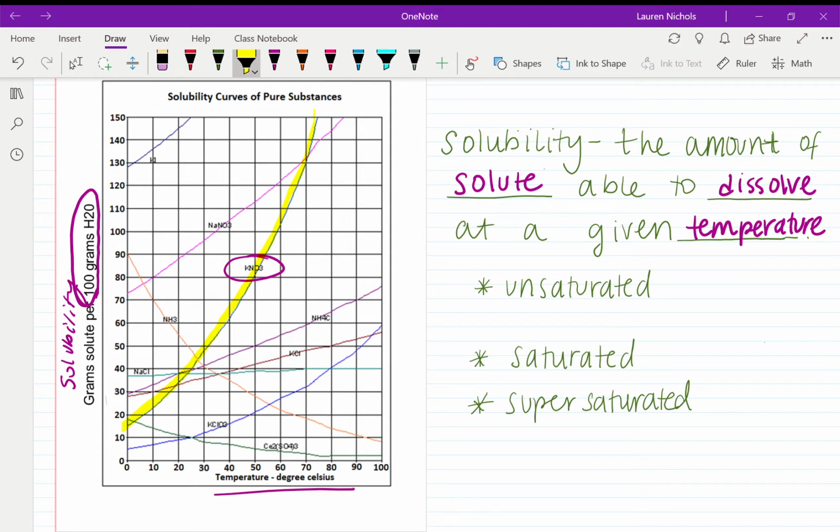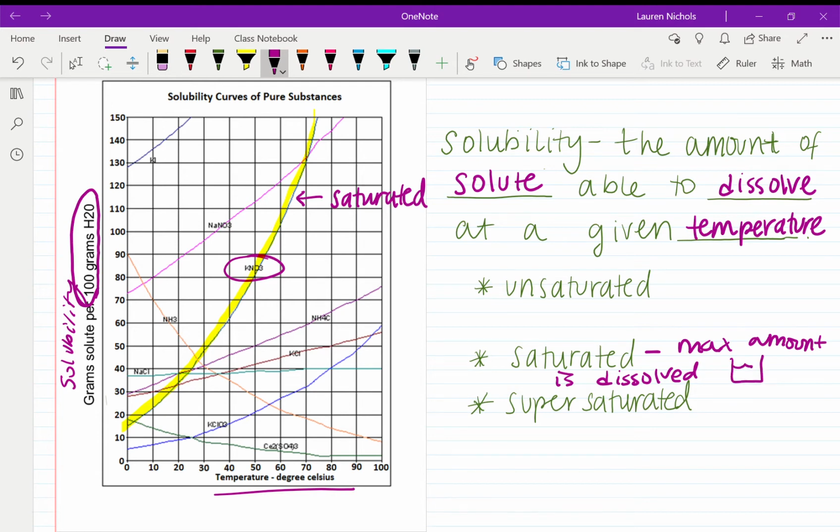This line represents a saturated solution. A saturated solution, as we see over here, is the maximum amount dissolved at that particular temperature, so we can see that amount changes relative to the temperature. If you add any more, it just sits at the bottom of a test tube.